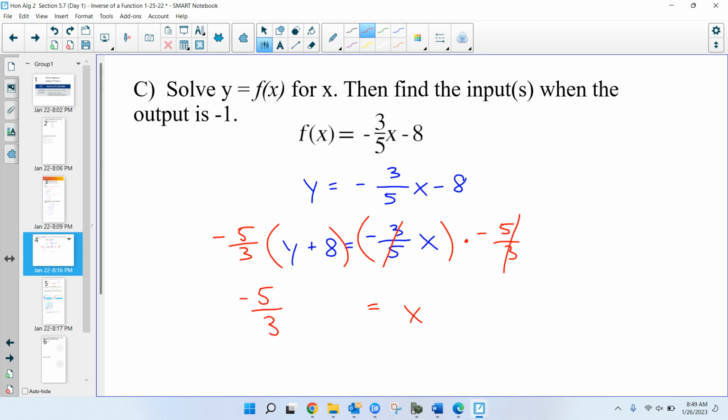Now, I could be convinced either way, whether it's better to distribute that negative 5/3 or to leave it like that. Let me check the book real quick and see how you guys do it. I'm not seeing that one.